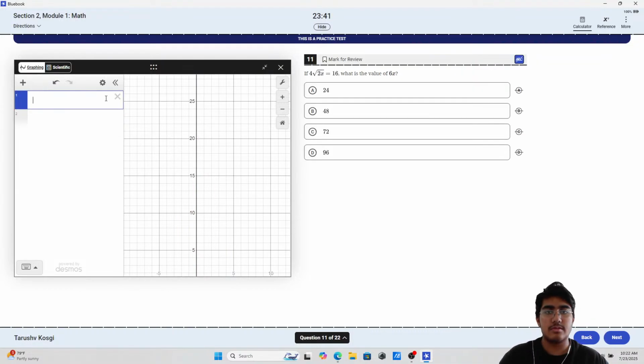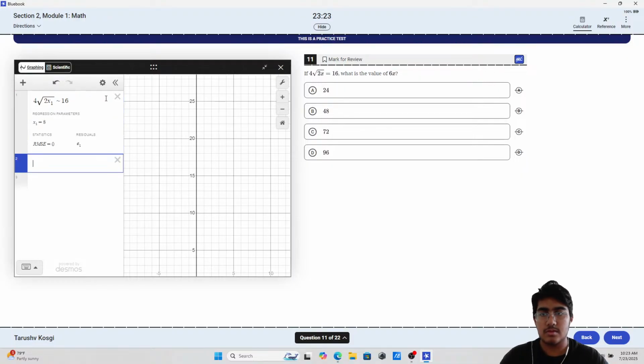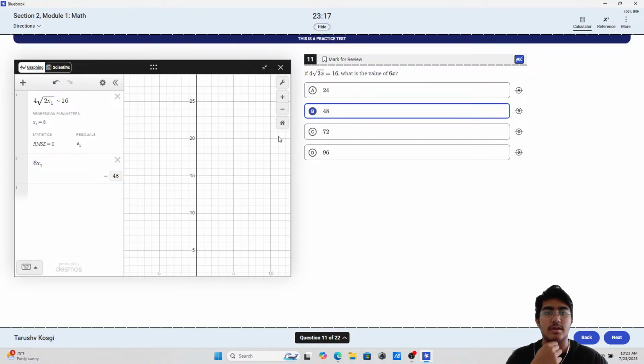Okay. So 6x1 is equal to 48, yeah. Yeah, that's what it is.